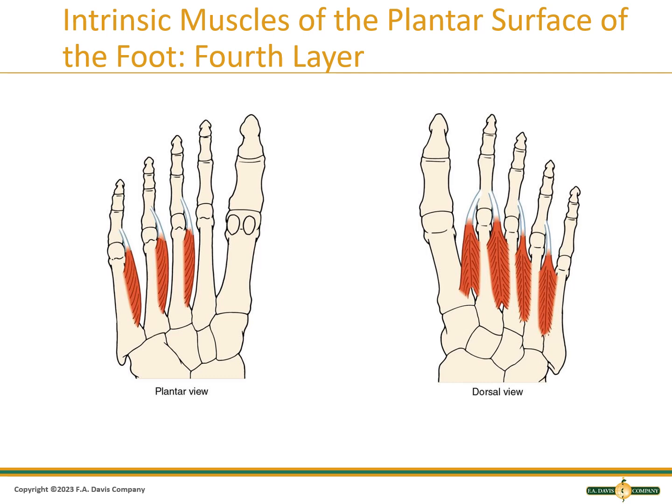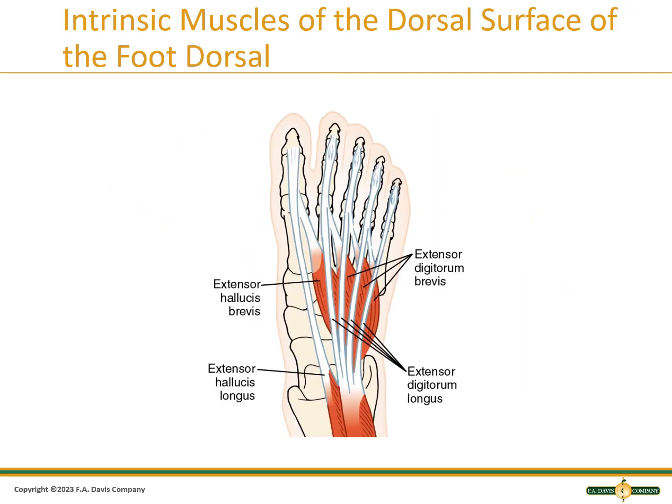Our plantar are going to adduct the toes. And then looking from the dorsal surface of the foot, we see extensor digitorum brevis and extensor digitorum longus lies over top of it. And then you can also see extensor hallucis brevis with extensor hallucis longus running over top of it.